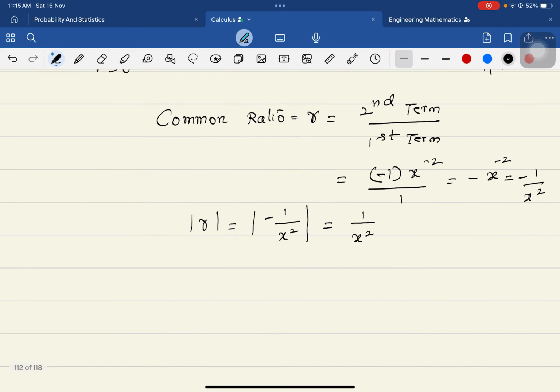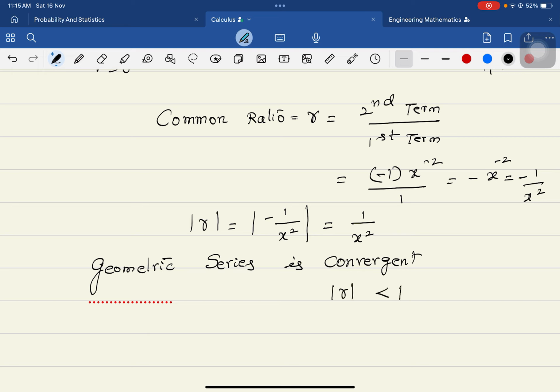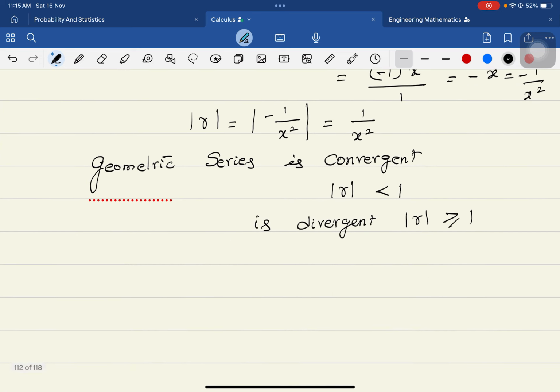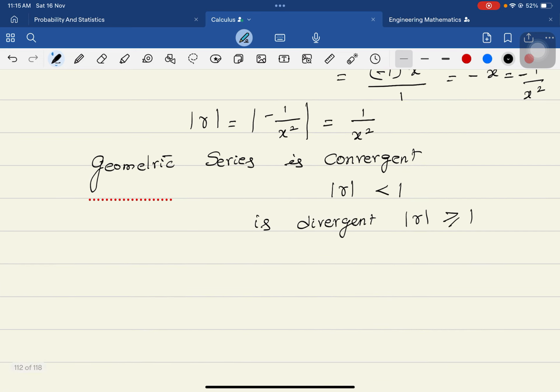In the previous lecture I explained that a geometric series with common ratio r is convergent when mod r is less than 1, and it is divergent if mod r is greater than or equal to 1. We have already explained this about the geometric series.